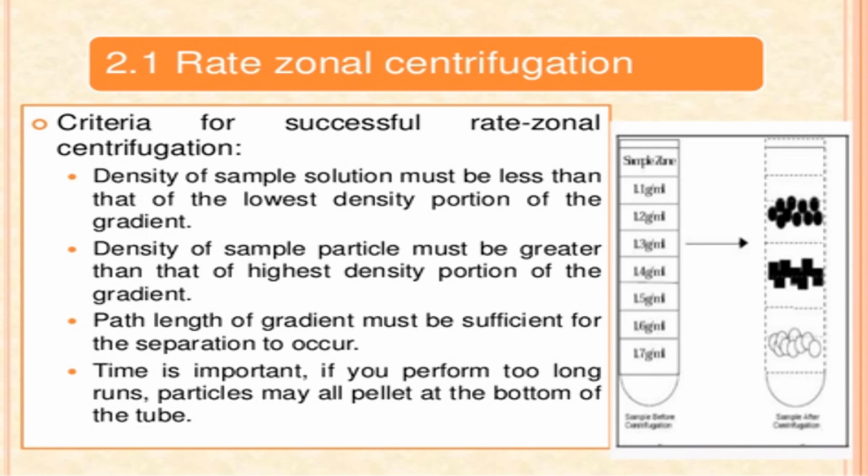The density of the sample particle must be greater than that of the highest density portion of the gradient. The path length of the gradient must be sufficient for the separation to occur. It is very important, but there is one drawback: after some time the pellet will sink to the bottom and never separate out.